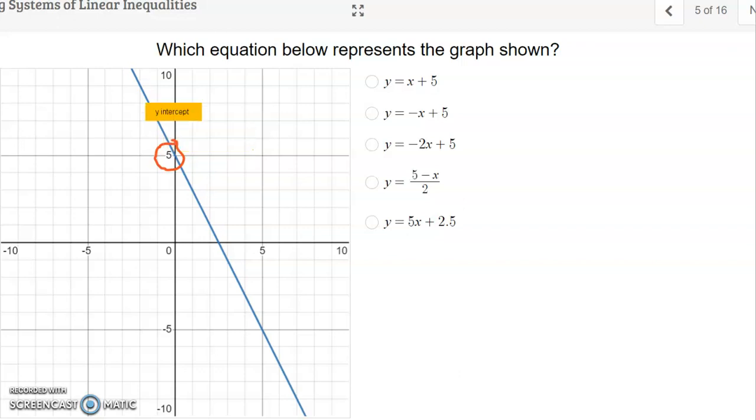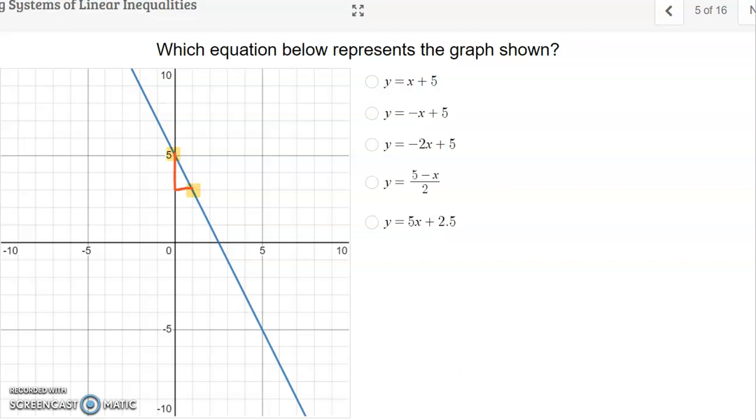And then my slope from my y-intercept, from this point to the next point, I'm going to go down 2 to the right 1.